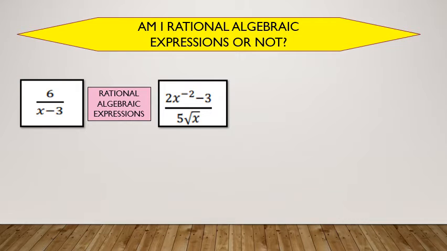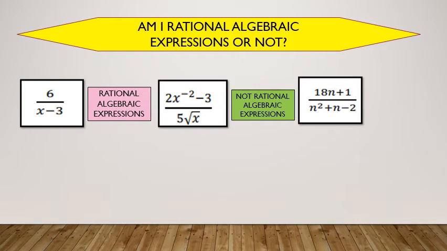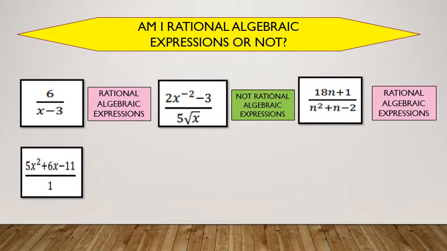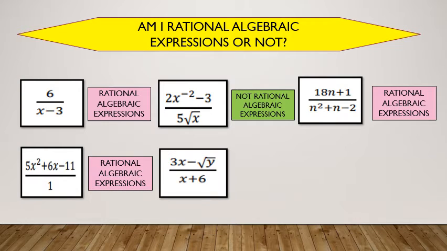Not a rational algebraic expression because of the square root, and we have an exponent which is negative 2. Next, 18n plus 1 over n squared plus n minus 2. Is that rational? Yes, that is a rational algebraic expression. Next, 5x squared plus 6x minus 11 over 1. That is a rational algebraic expression.